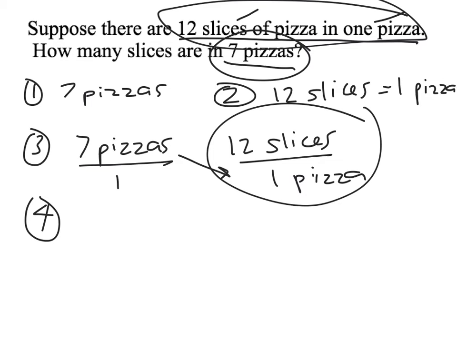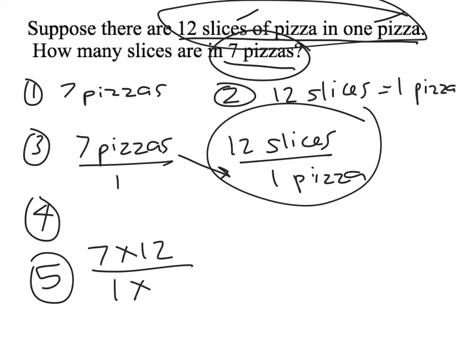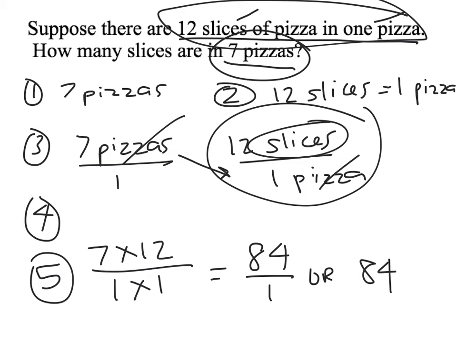Well, right now I don't have to rewrite this because pizza is already going to cancel out. So step number 5 is to just multiply. So 7 times 12 over 1 times 1 is equal to 84 over 1, or 84, and pizzas cancel, so we're left with a unit of slices.